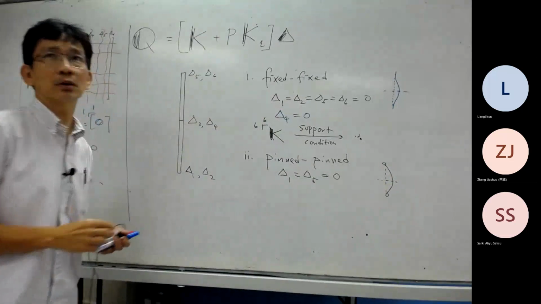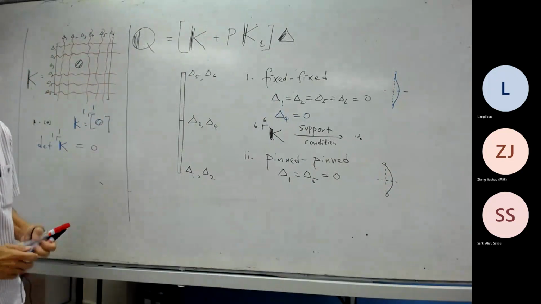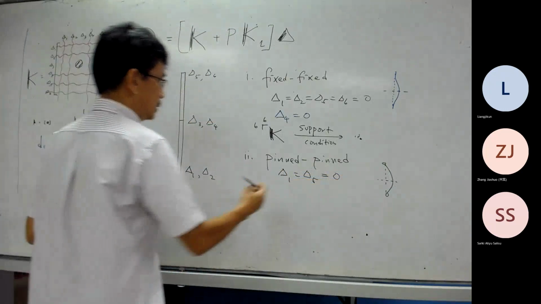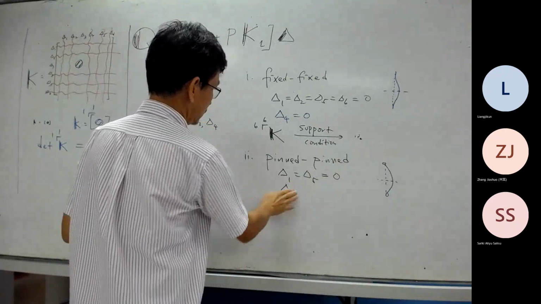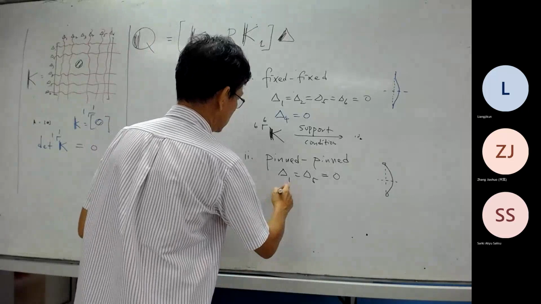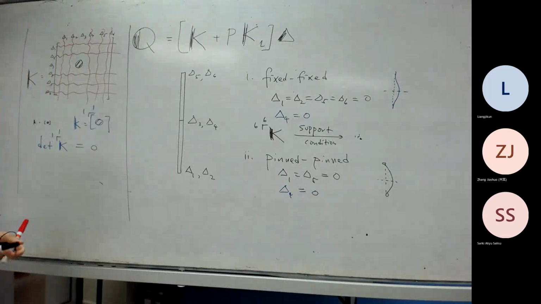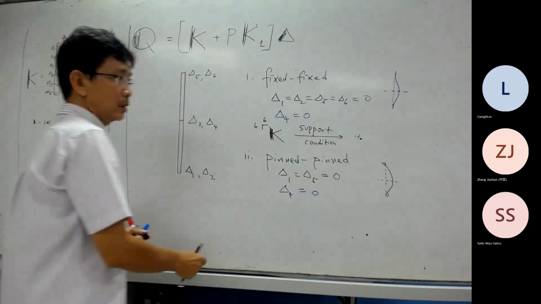We have a zero slope here. So again, delta 4 becomes 0. So in this case, 1, 2, 3 become 0.